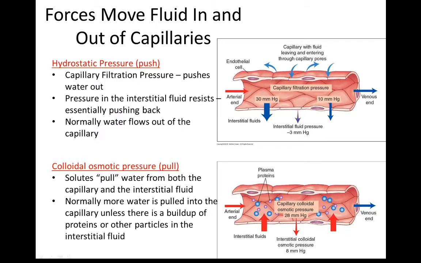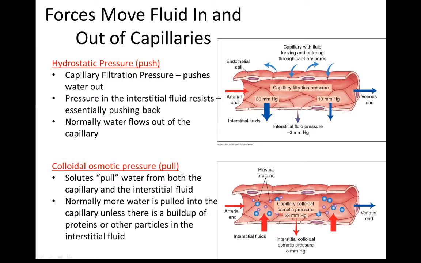Under normal circumstances, more water will be pulled into the capillary unless there happens to be a buildup of proteins or other particles in the interstitial fluid. And we'll talk about that more when we talk about inflammation in the next chapter.